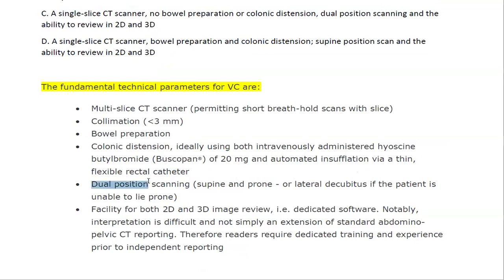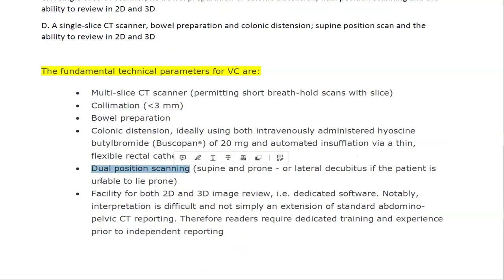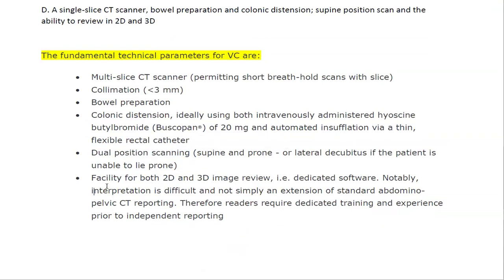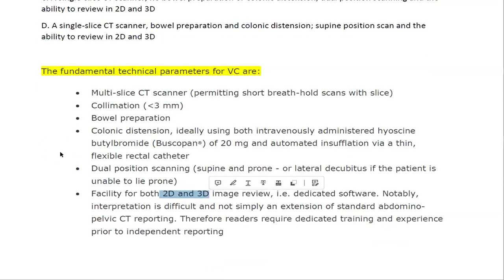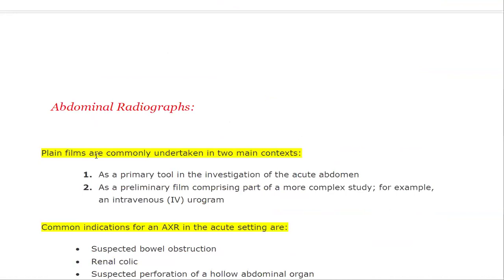You will have dual position, supine and prone or lateral decubitus. And the facility for both 2D and 3D. So all of these are the technical parameters you need for virtual colonoscopy. This is the kind of question that can come in the exam, asking you about your ability to determine which is the next step.